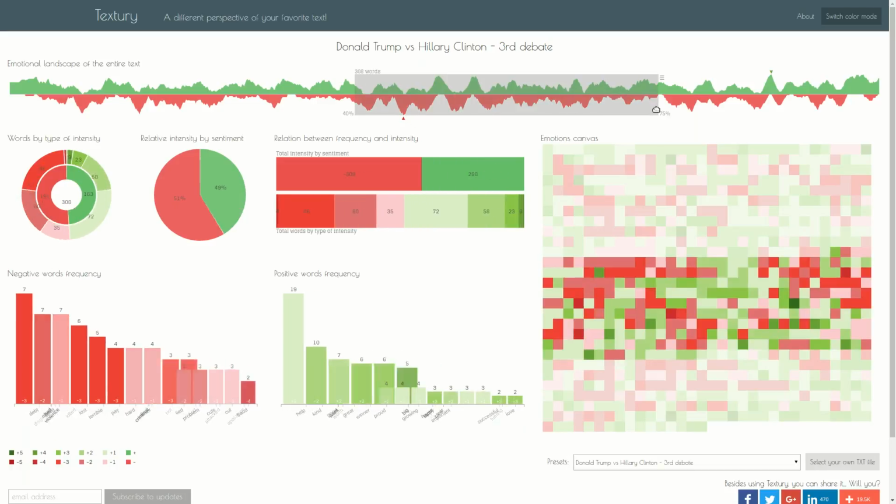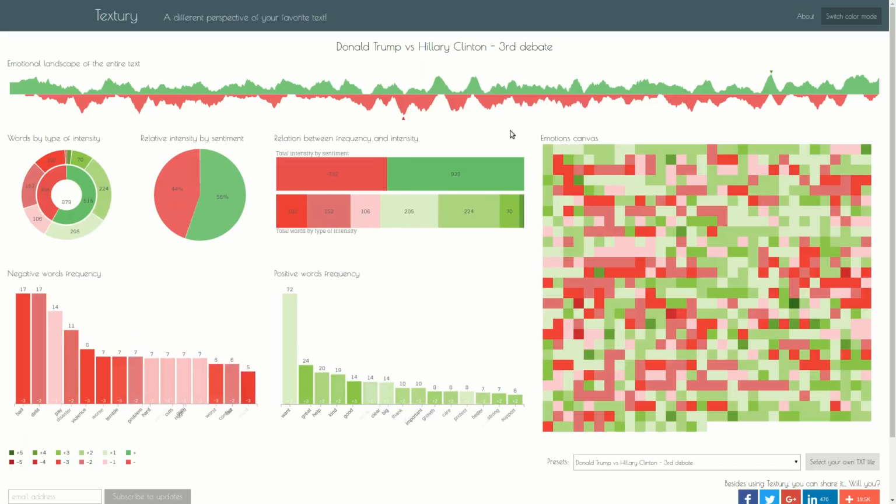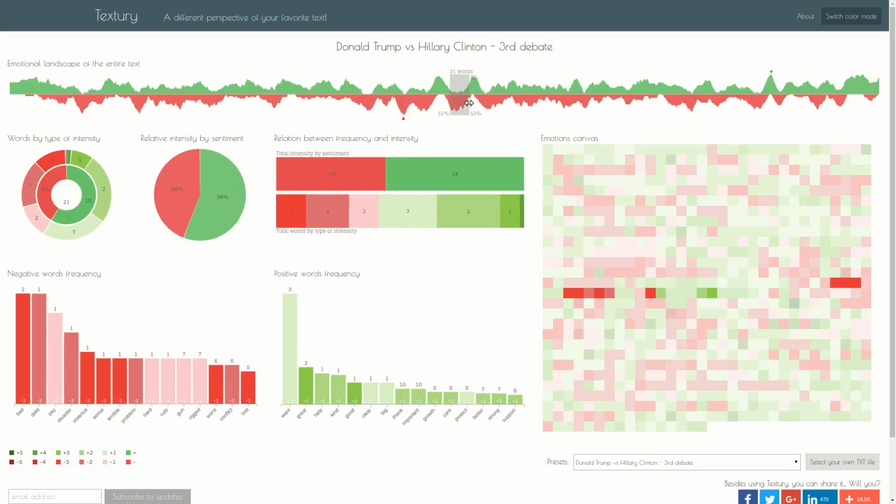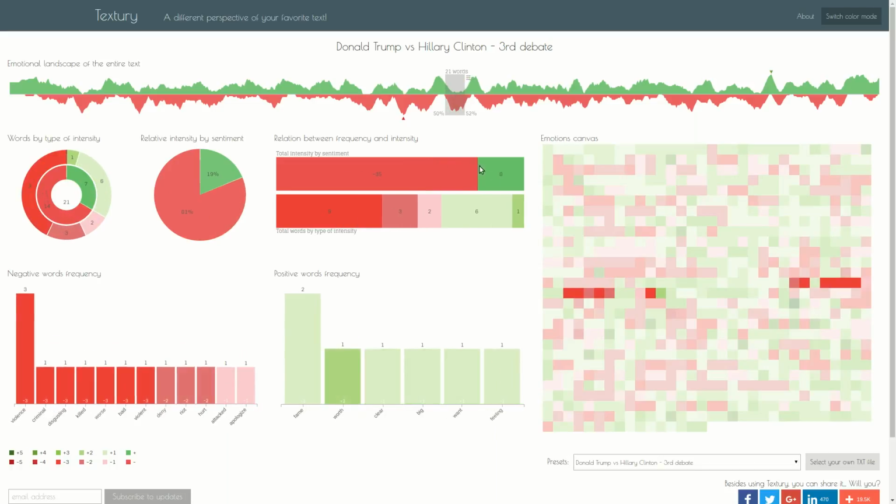However, if we take a look at maybe the whole text, they are pretty close to each other. However, this specific chart shows us that sometimes fewer but stronger words are used in order to make a point. And we can see here that in this segment, violence is used 3 times, which is a strong word. Criminal, disgusting, killed, worse, bad, and so on.